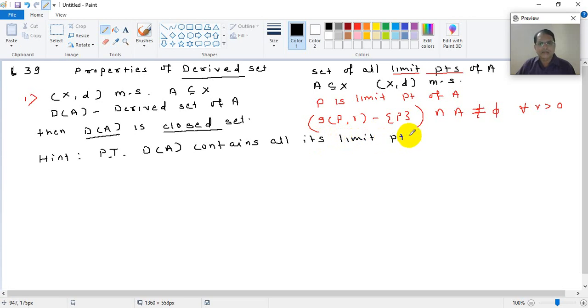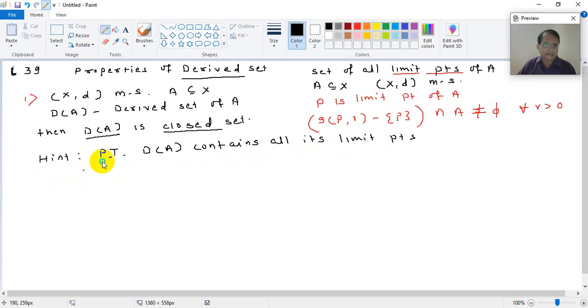How will we start? Take a point P which is a limit point of D(A). If you want to prove that it contains all its limit points, how should you start? Start with a limit point of D(A). This is just a hint that I am giving. So D(A) contains all its limit points, and this we must prove. So what should be your starting point?